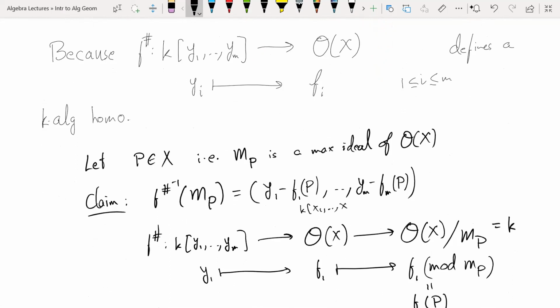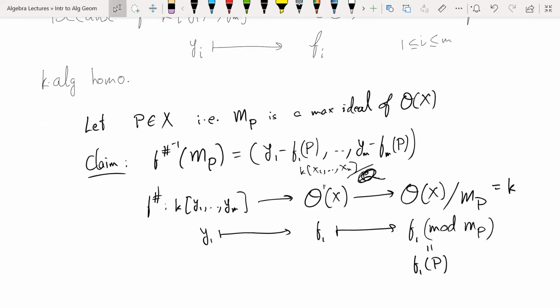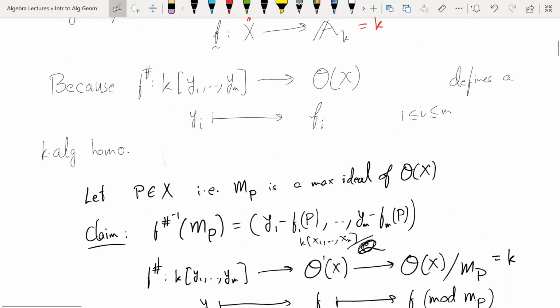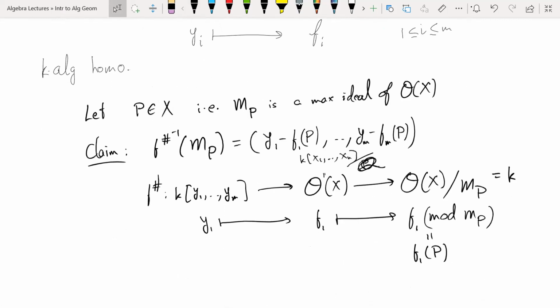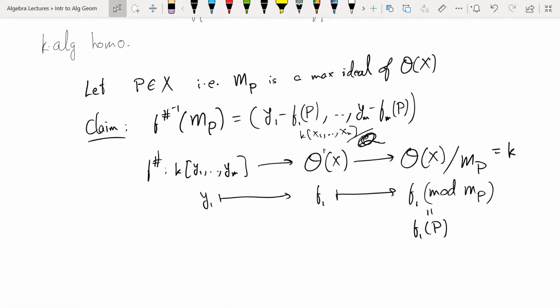So k[x1, ..., xn], you have to think of this as k[x1, ..., xn] mod some prime ideal q, and then f1 you have to lift it here and do it. So we did this last time when we were giving this equivalence, and then we realized that f1 mod mp is the same as f1 evaluated at p.